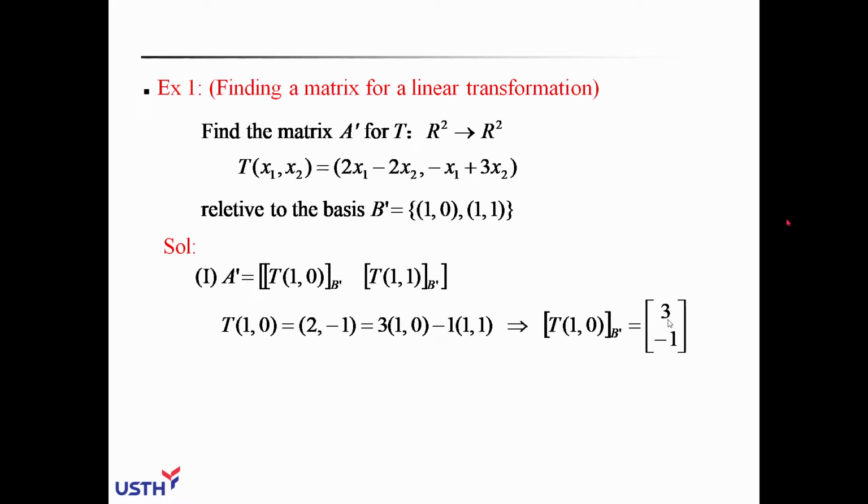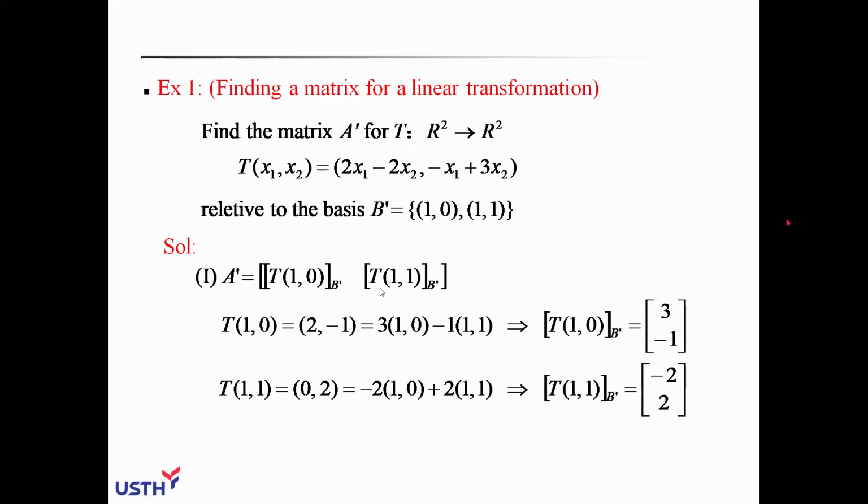Then the coordinate column will be 3, minus 1. If we take the second one, T of the second vector, you get that one. And again, if we express that in the basis B prime, you get the coordinate column minus 2 and 2. And because of that, A prime to be that one.